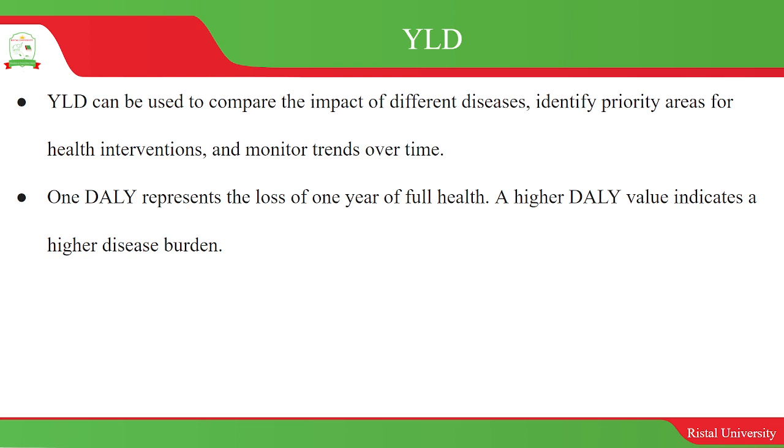So it allows you to know the priority areas where you can implement interventions. But it also allows us to monitor the trends over time. So you can have years lived with disability for a particular condition for the last 5 years, and then you're able to know whether you're improving or you're actually declining.